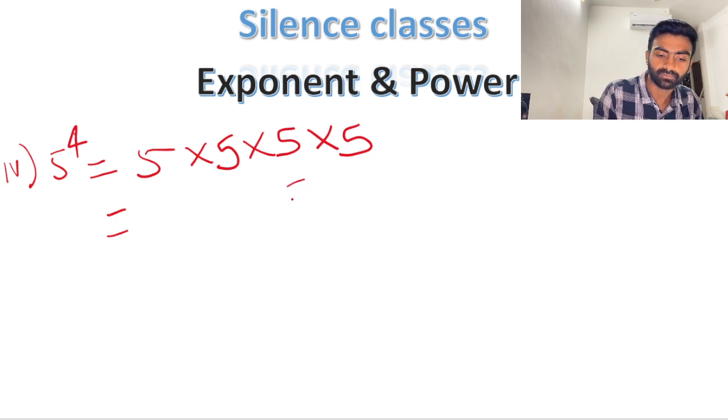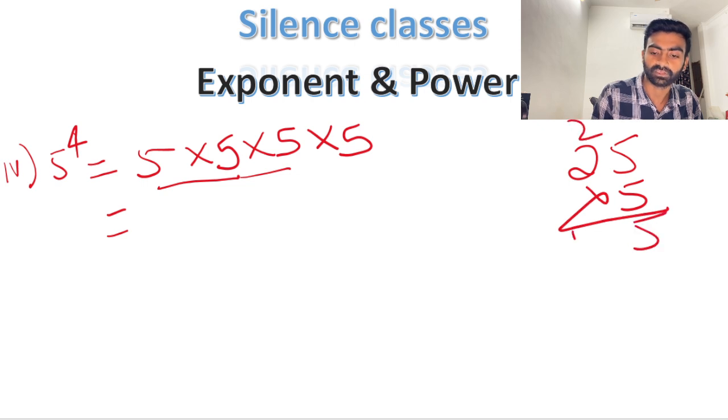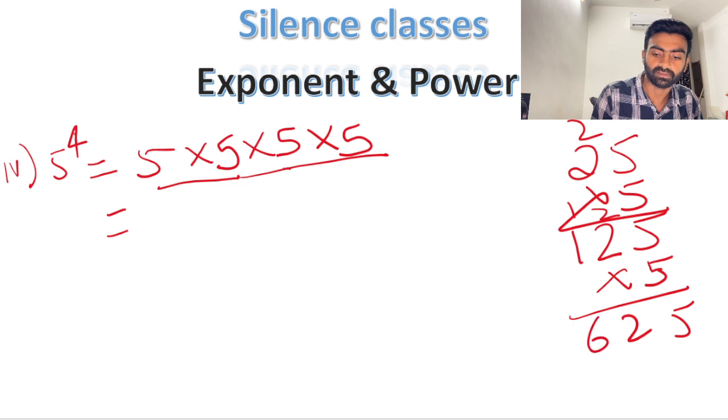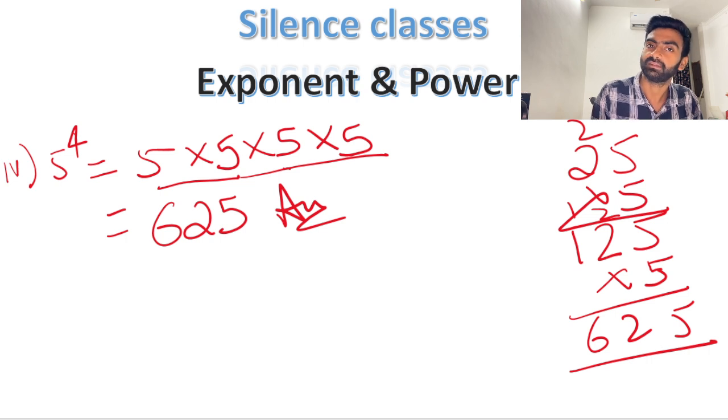But don't get confused. 25 multiplied by 5, we will do it over here. 5 fives are 25. 5 twos are 10, 11, 12. And 5 ones are 5 and 1 is 6, so 625. 625 is the answer. I hope you guys understood.